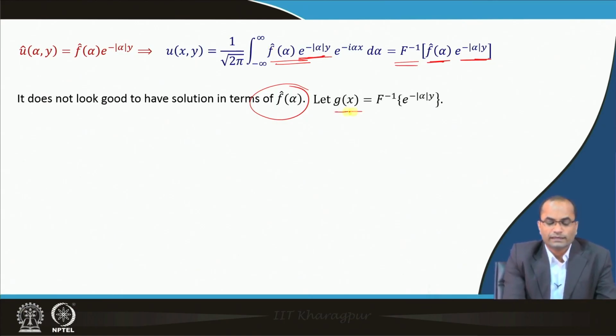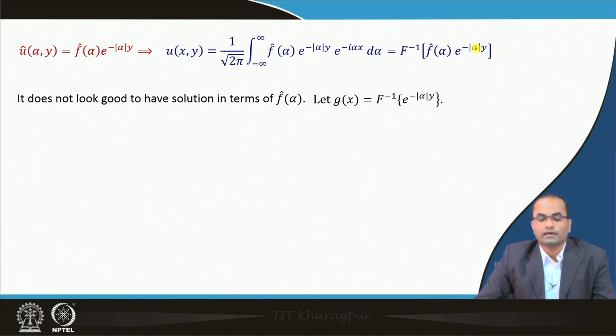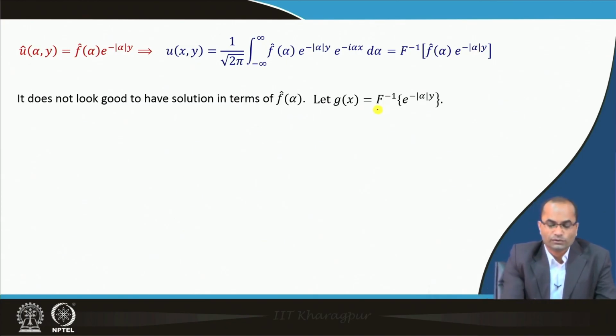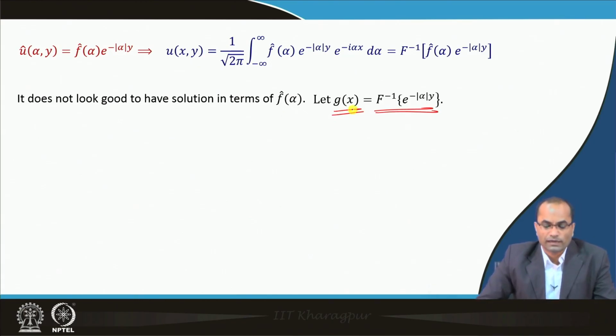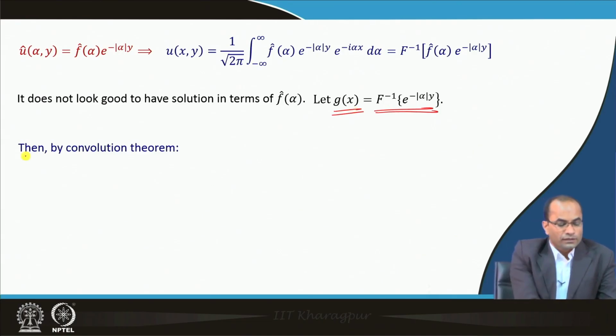So, here we take g x, because we need to know whose Fourier transform is e power minus absolute value alpha y. That means we need to know what this g x, the Fourier inverse of e power minus mod alpha y, is.